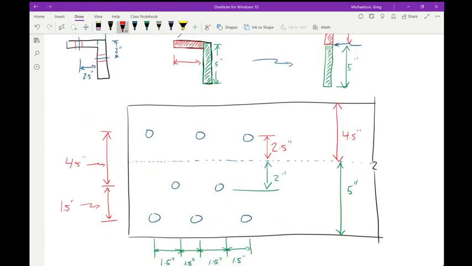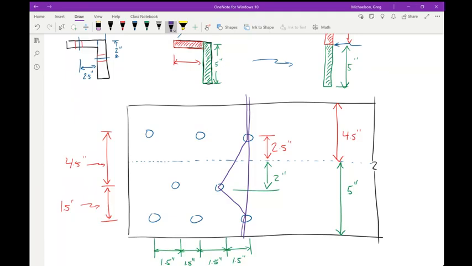which makes this 4.5 inches. The overall point I'm making is that when we compute the net area, there are 2 different cases we're going to have to consider. There is a case like this, which is just going to be the gross area minus 2 bolt holes. But then there is a second case that looks like that.